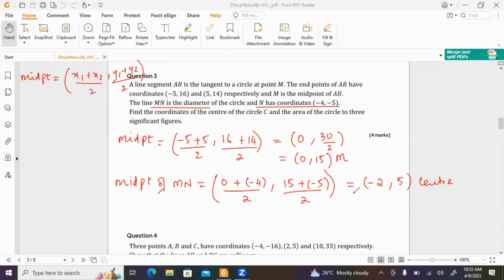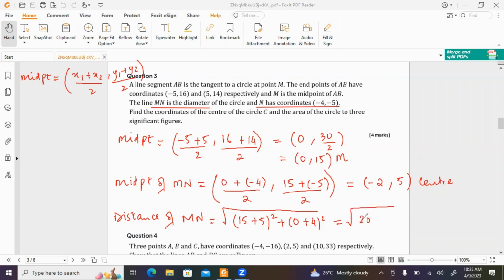For the area, we need the radius, and for the radius, we need the diameter. So we find the distance of MN, which would be the square root of (15 + 5) whole squared plus (0 + 4) whole squared, 20 squared plus 4 squared, 416.